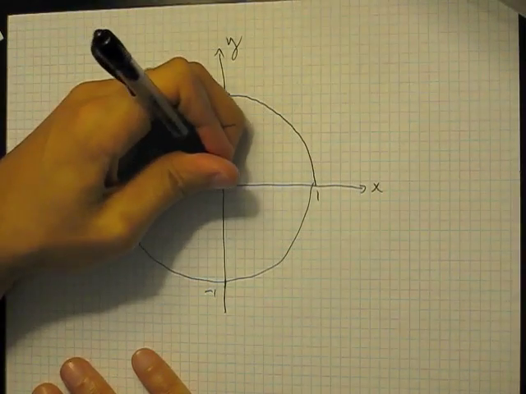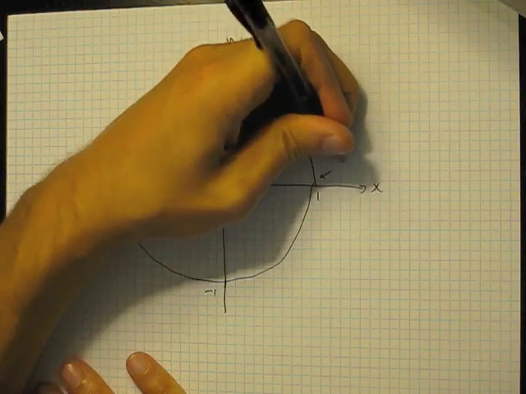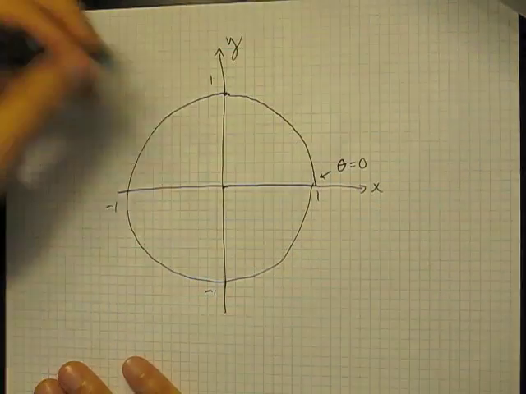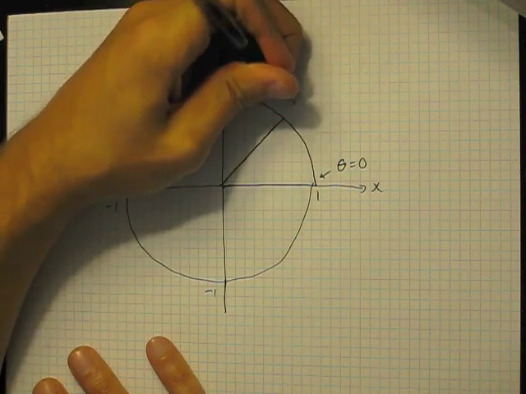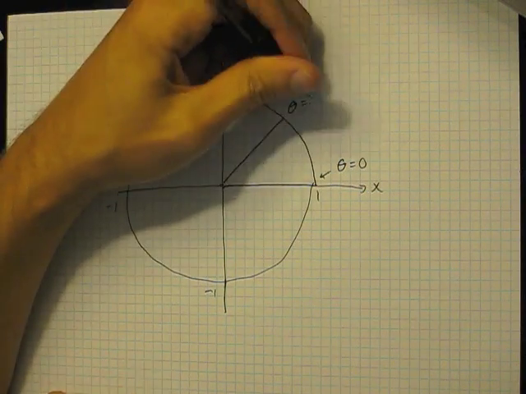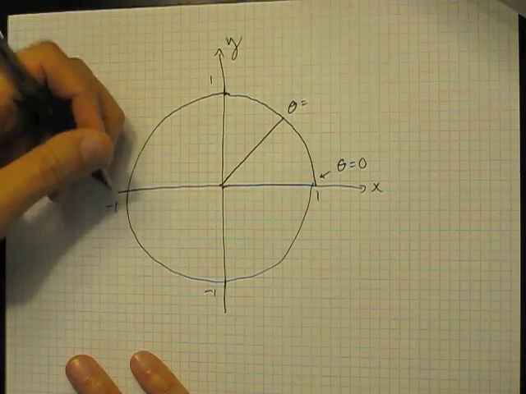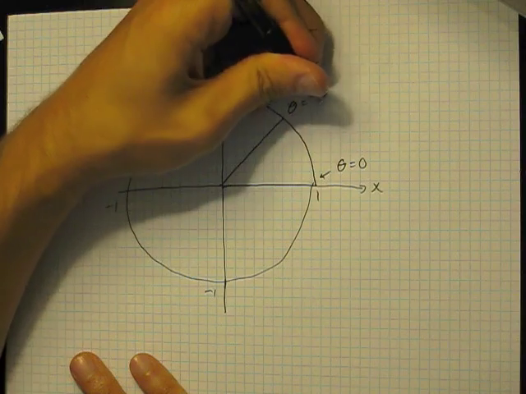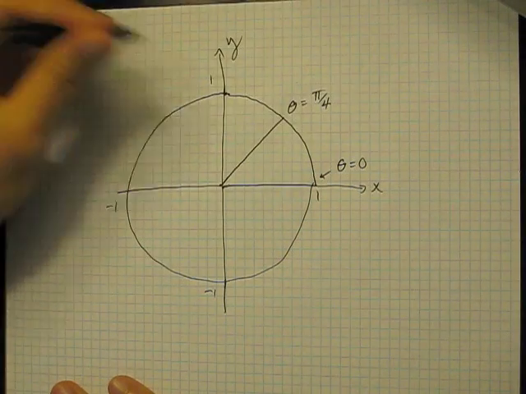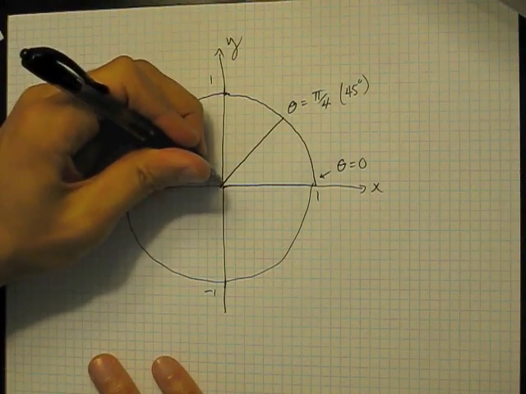So if we are inclined here, this right here is theta equals 0. This right here is theta equals, I'm trying to do 45 degrees. We don't use degrees though when we're in calculus. We use radian measure, and so this here is pi over 4, otherwise known as 45 degrees, but your calculator will tell you pi over 4.